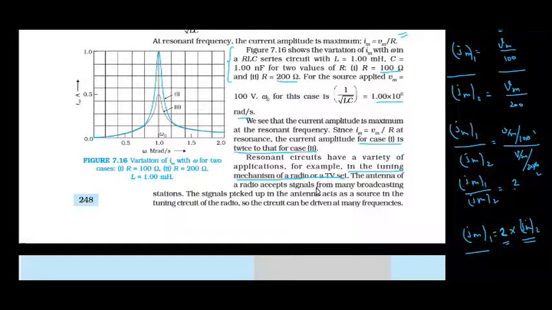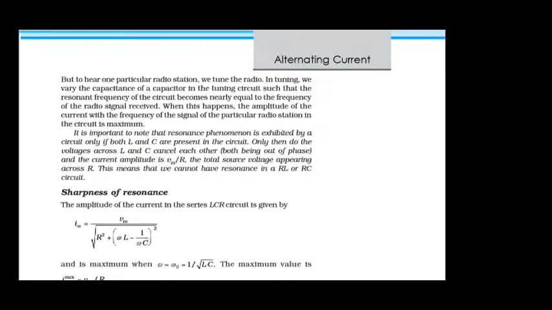The antenna of the radio accepts signals from many broadcasting stations. The signal picked up in the antenna acts as a source in the tuning circuit of the radio, so the circuit can be driven at many frequencies. But to hear one particular radio station, we tune the radio.